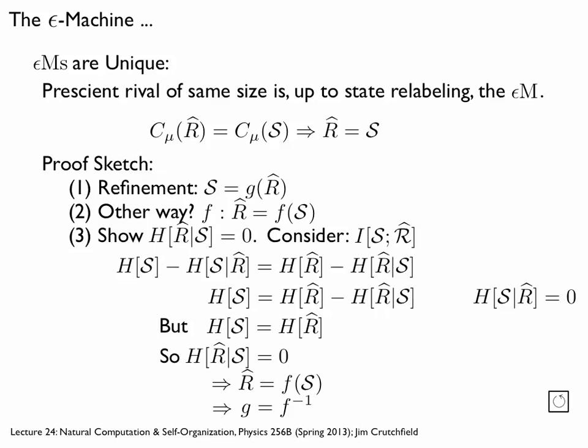In fact, the original function that mapped from rival states to causal states is really F inverse. So we can disagree over vocabulary, but that's it. Proof of isomorphism. Prescient rivals of the same size are isomorphic. That's the point.